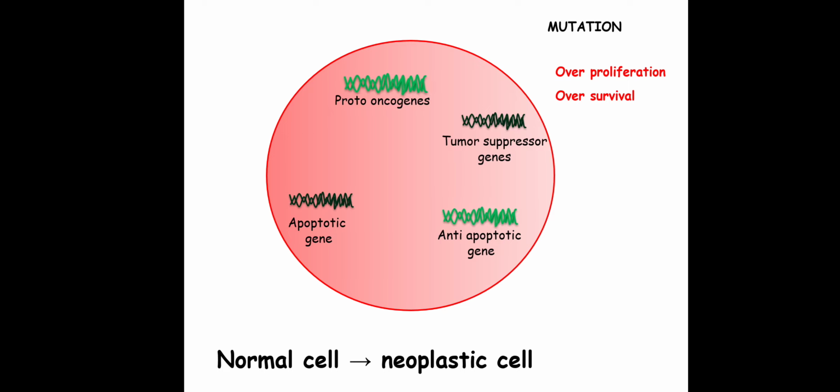Normally, why do these genes get mutated? Maybe some radiation induced or some chemical induced, or maybe some inherited defect of any one gene. So, there are so many reasons why mutation can be induced. But remember, every time there is damage to a DNA, it does not become a permanent damage because it can self-repair.